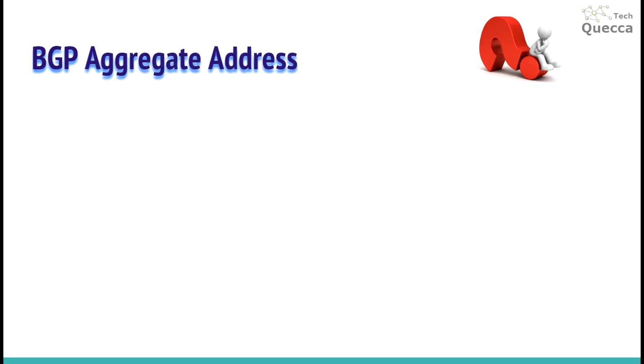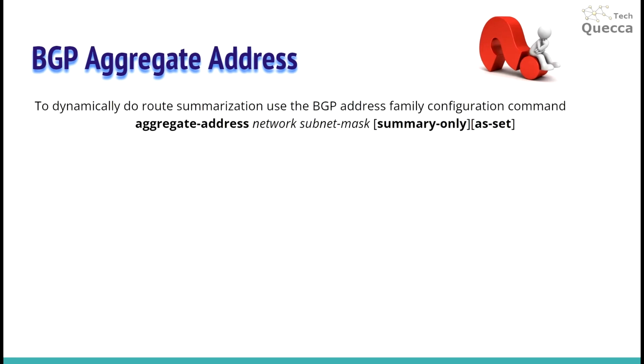And let's review some additional commands. And first one is BGP aggregate address. If you want to do route summarization, use the BGP address family configuration command aggregate-address and then your summary route with network and subnet mask, and then two keywords summary-only or as-set, or both of them if you want.